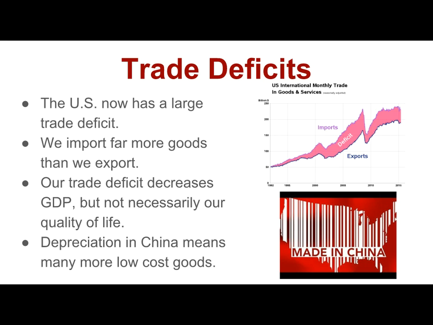But when we go to Walmart and we see all those goods on the shelves that are way cheaper than they should be, well, it kind of makes us happy to buy goods at a low cost. Just understand, this is why. It's because of our trade imbalance. It's because China is depreciating its currency, Chinese labor costs are very low, and manufacturing jobs are moving from the United States to China so they can produce all of those low-cost goods.